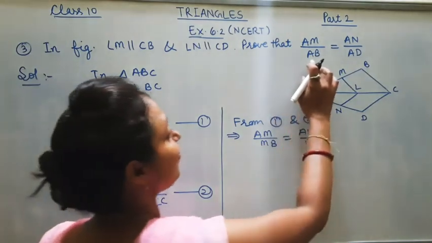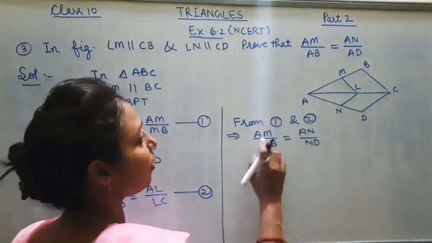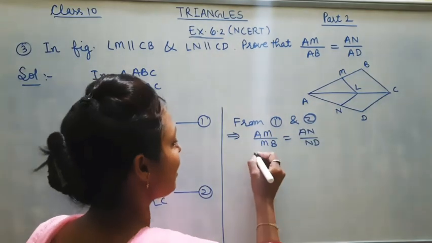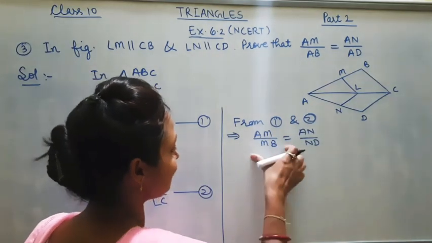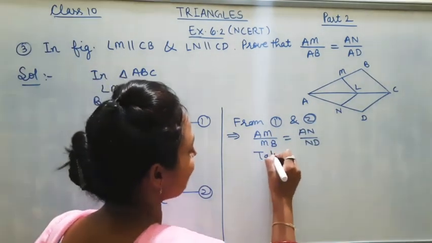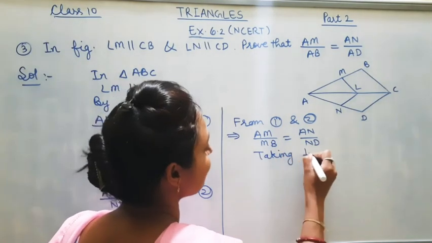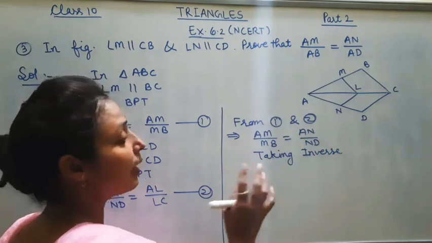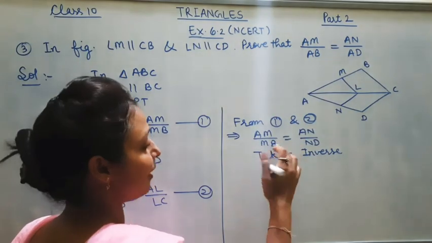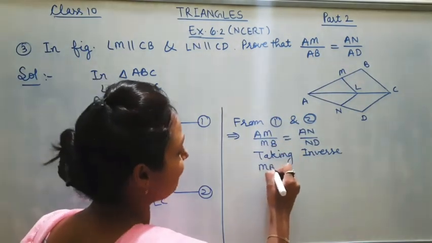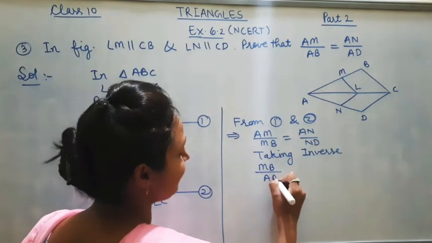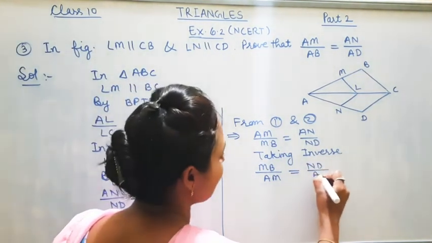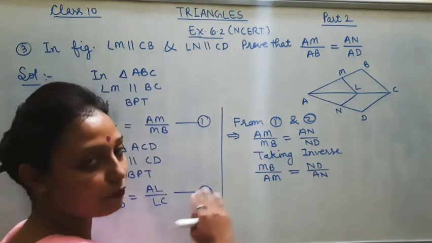But the question demands the denominator should have AB. For that, I will take the inverse. Taking inverse. What is the motive of taking inverse? Because if I take MB upon AM, it is equal to ND upon AN. Now adding 1 on both sides.